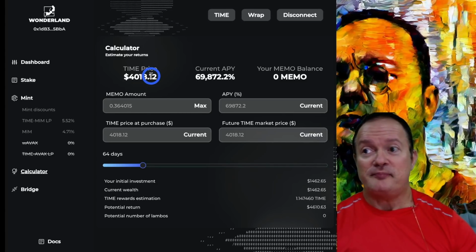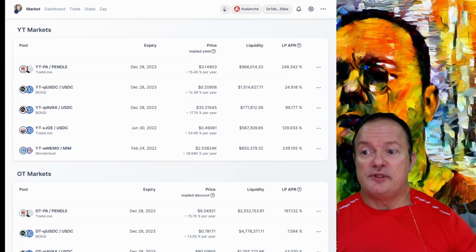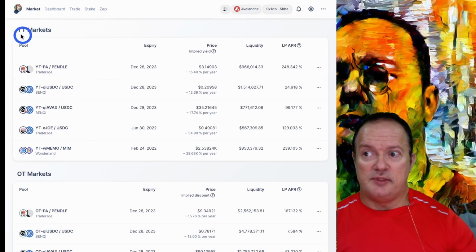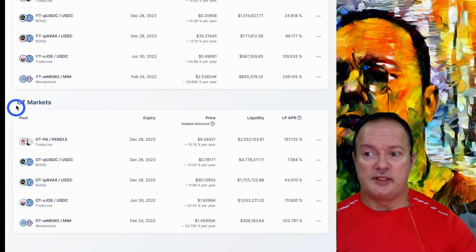All right. So let's have a look at the project. Okay. So what you have here, you have the different markets, and these are liquidity pairs. And they're divided between YT markets, so yield token markets, and OT markets, which is ownership token markets, okay?